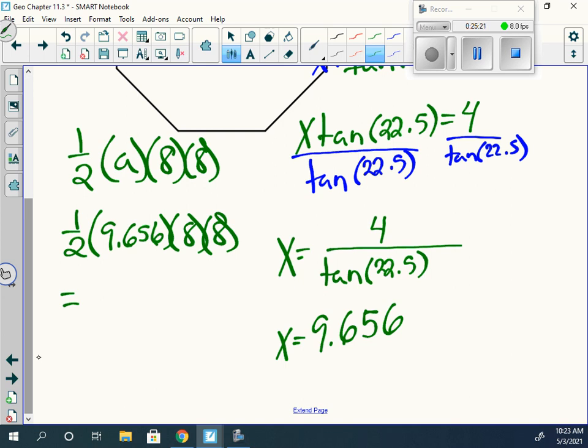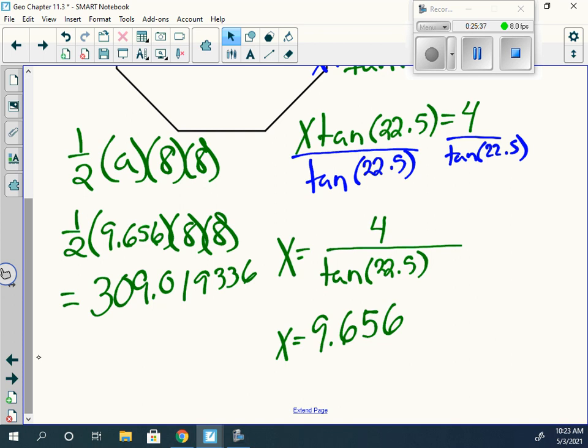We get a 309 point. So our area for this here would be 309.019336 more closely. I used the actual full decimal for the apothem.